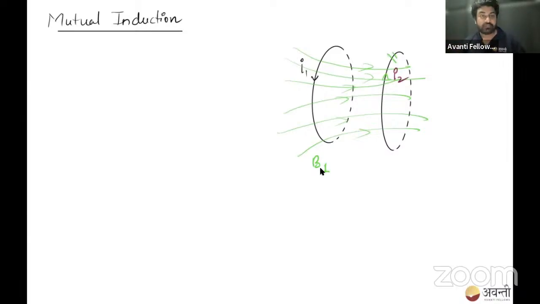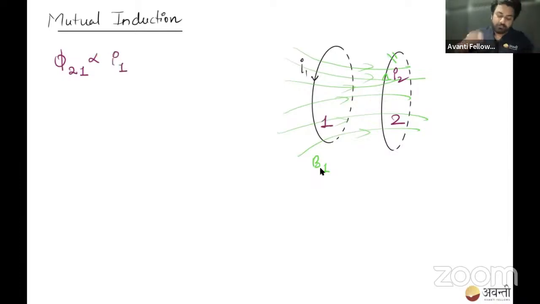This induced current is induced by mutual induction. So how do we find mutual inductance? Look here, this is coil 2 and this is coil 1. The flux linked with coil 2 due to coil 1 will be directly proportional to the current in the first coil.